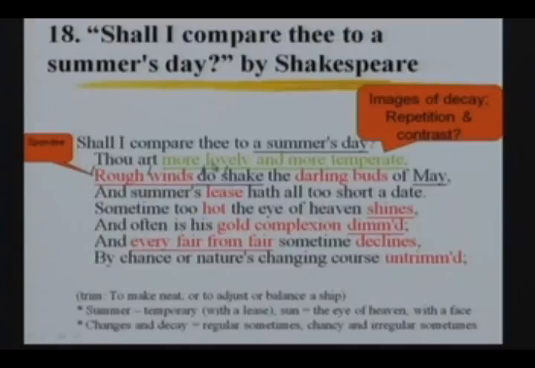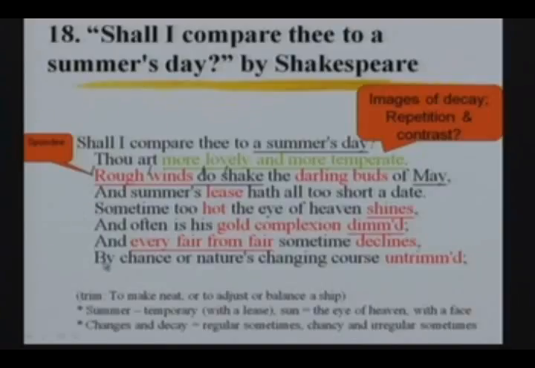Okay, thou art more lovely because the darling buds are to be destroyed right away, and more temperate because you don't have this rough wind, or you later on the sonnet here will say that you will have a kind of immortality. Okay, unlike summer, which is very short and transient.